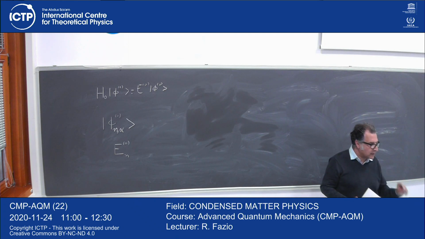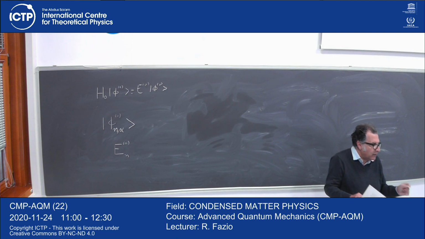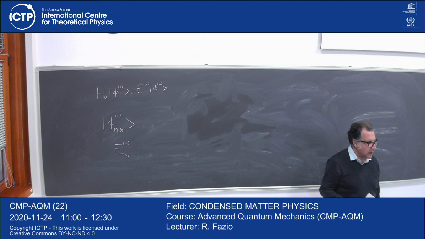And it was crucial that all these energy differences, like E0n minus E0m, were different from 0. Now, if you have a degenerate spectrum, then you may have the case in which two different quantum numbers correspond to the same energy. And therefore, this fraction will explode.